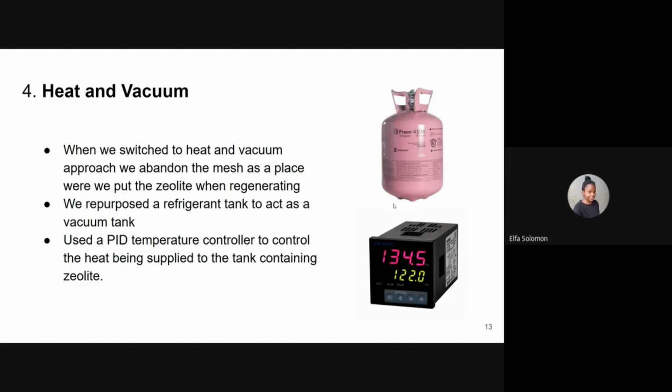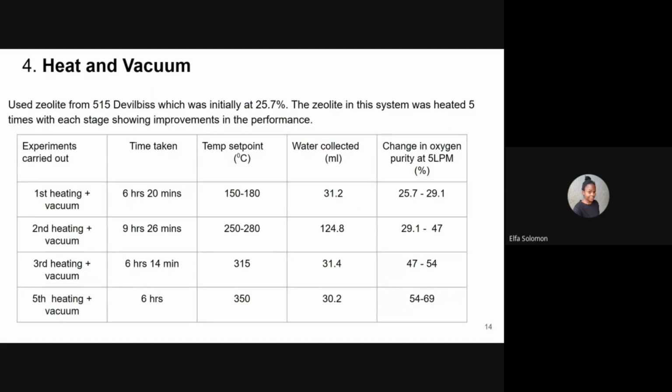In this kind of approach, we carried out several experiments, mostly with the 515 Devilbiss concentrator zeolite. Initially, we took a 25% zeolite, and it was heated for roughly 27 hours.